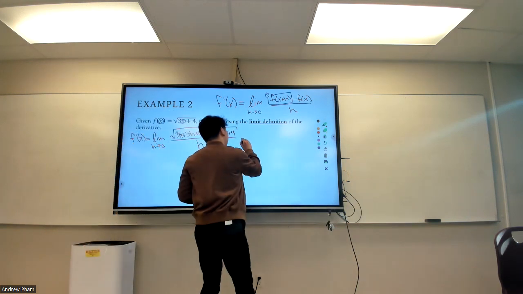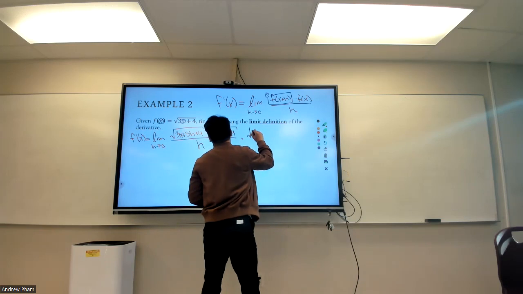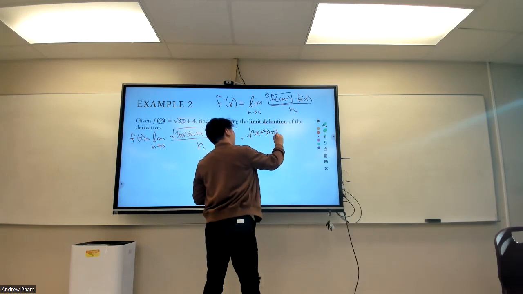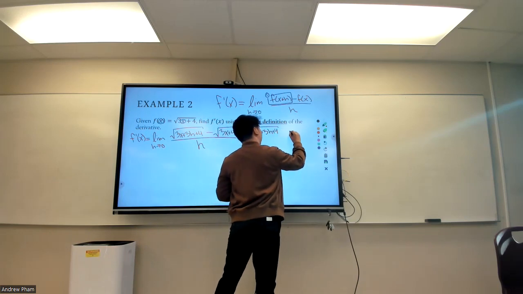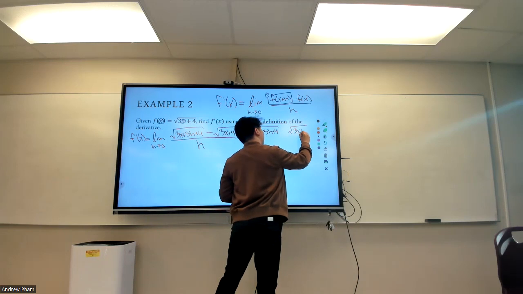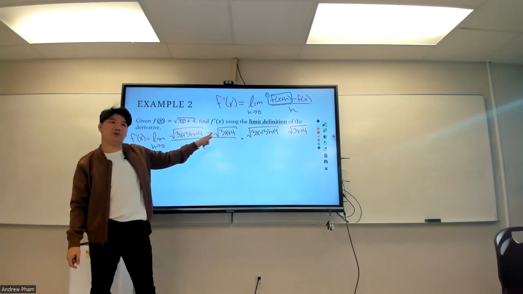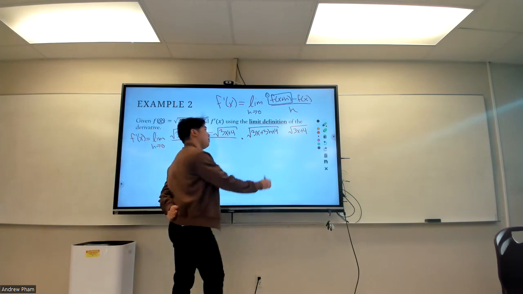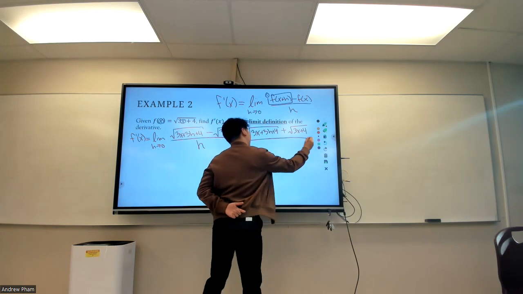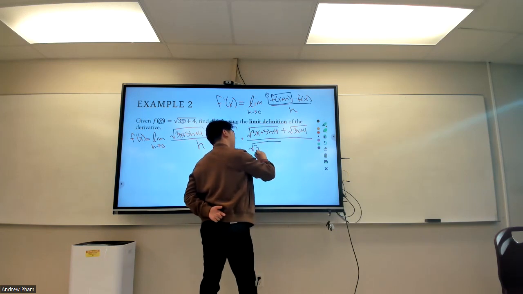I'm going to write it out first. I'm going to multiply by the conjugate, which looks like the exact same thing. Let's see, 3x plus 4. But I changed this sign in between my square roots. So this was a minus, I'm going to put plus here. And I'm going to do the same thing on the bottom.